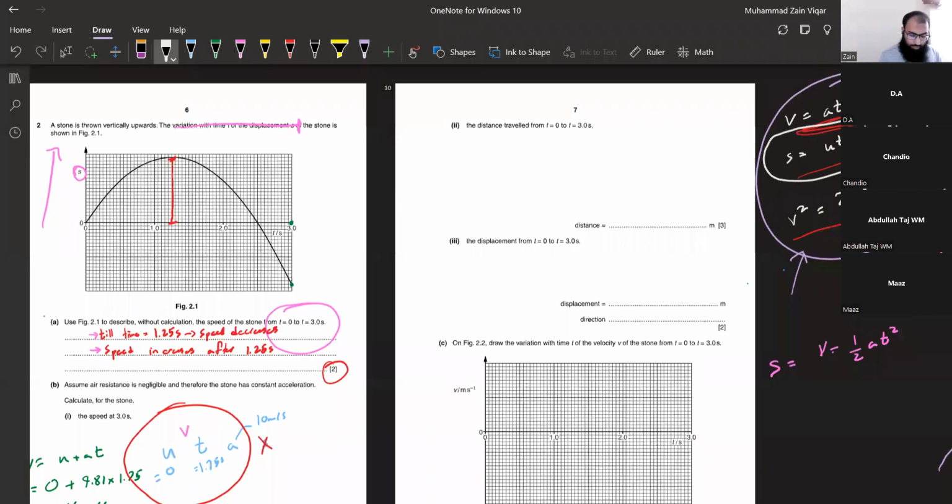Okay, so now what I do is I use the same formula, where S equals ut plus 1 over 2 at square. I've just ignored the whole graph on the left, so my u eventually becomes equal to 0. I just ignore this u from this point onwards.